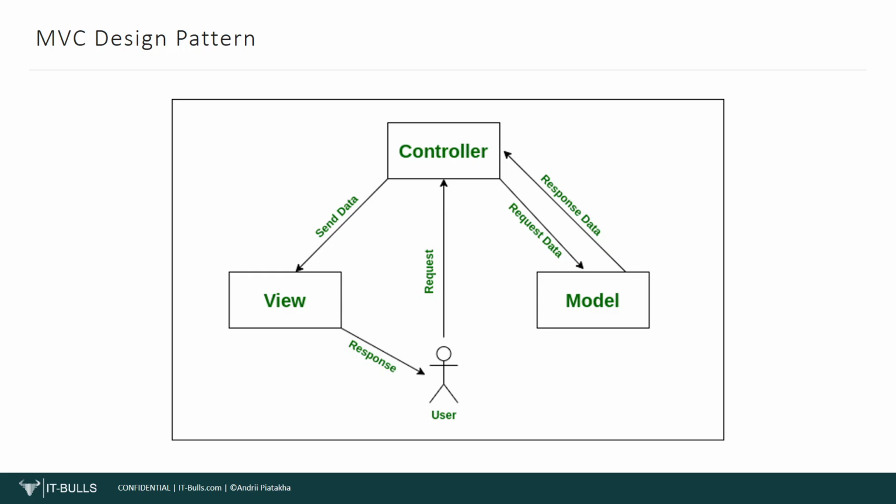View. A view represents the provided information in a particular format. The view component is used for all UI logic of the application. Usually we use HTML, CSS, JavaScript, JSP plus JSTL, and other technologies to create a view page.